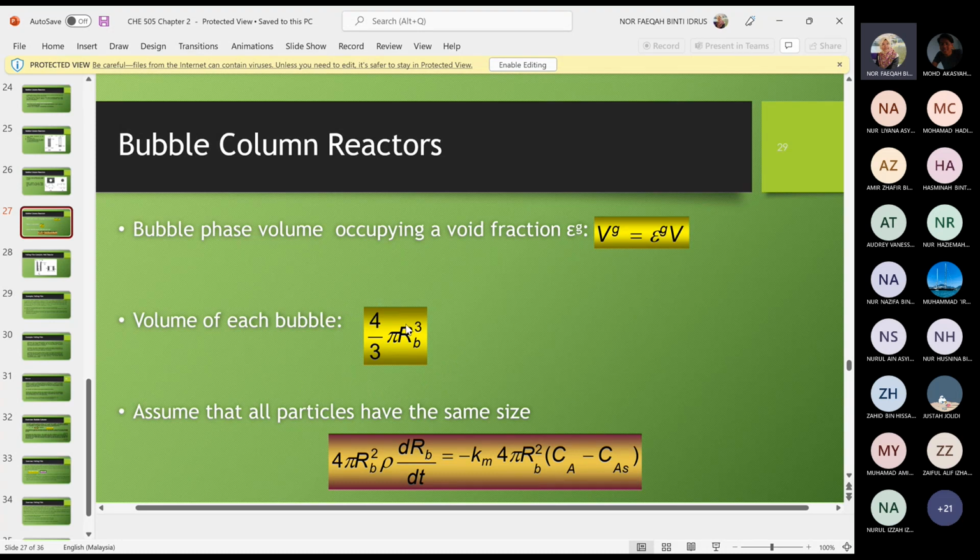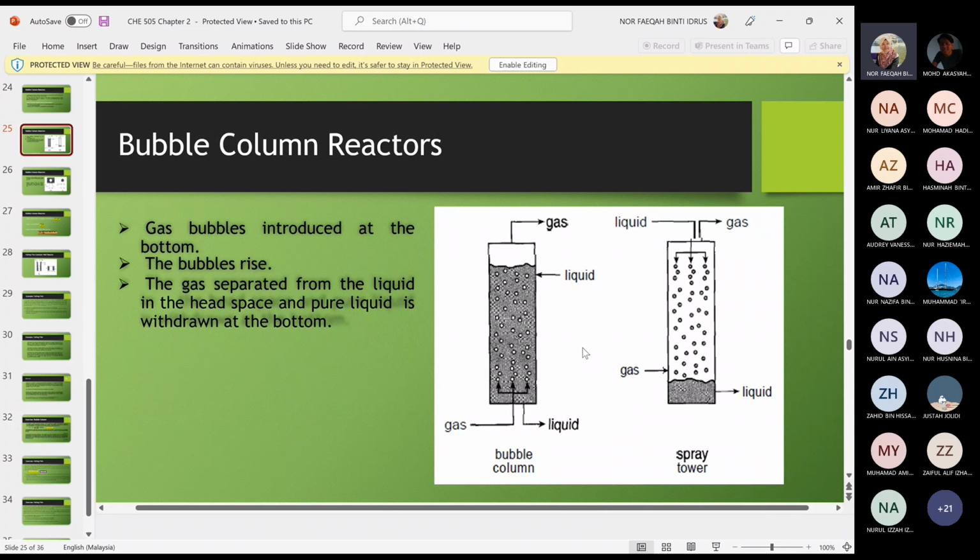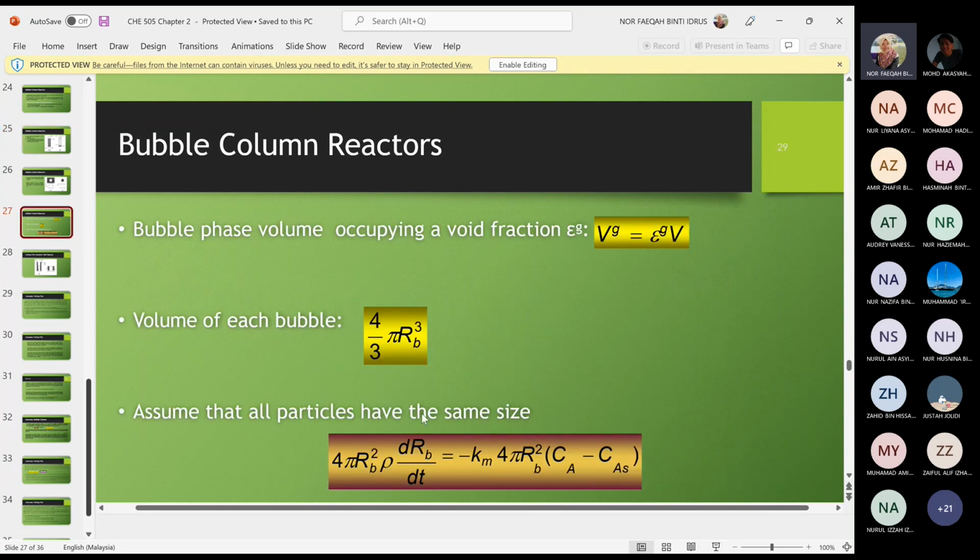So you need to know how many bubbles produced inside the vessel. So kalau macam ni, we need to estimate how many bubbles can be produced from one run of reaction. So barulah kita boleh calculate the total mass transfer occurring in the reaction.